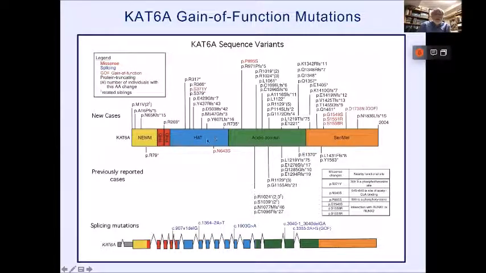There are different regions of the protein that interact with the histones in different ways. This is the enzyme part, but a mutation in almost any portion of the gene can destroy the activity of the gene and of the protein encoded by that gene. And this just lists all the different ones that have been found.